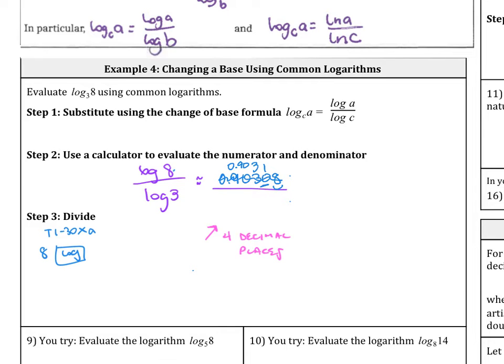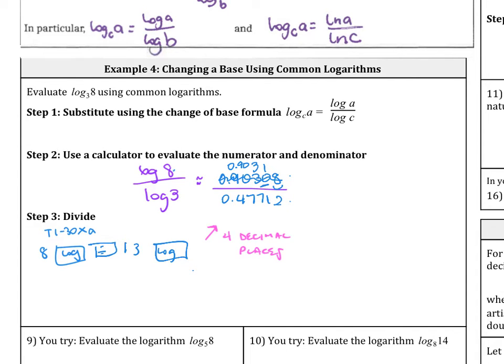Then after that, this is still in your calculator: 8 log, and this number 0.90308 and so forth. Press divided by, and then 3, and then log, and then you'll get the bottom number, which is 0.47712.